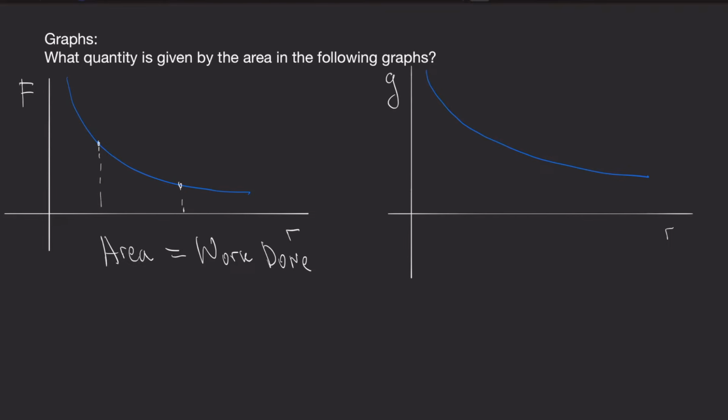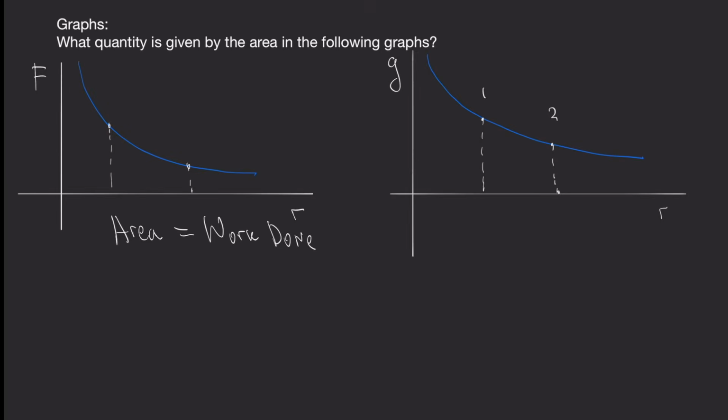So if we had a graph of g, the gravitational field strength, against distance r, then let's say between 2 points 1 and 2, the area will be given by the change in gravitational potential between the 2 points.